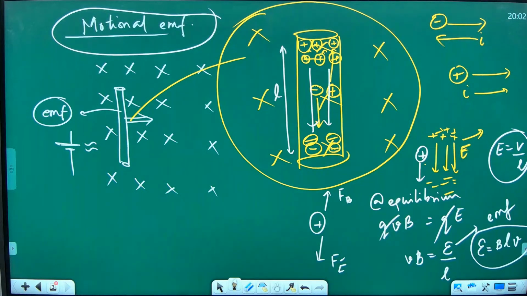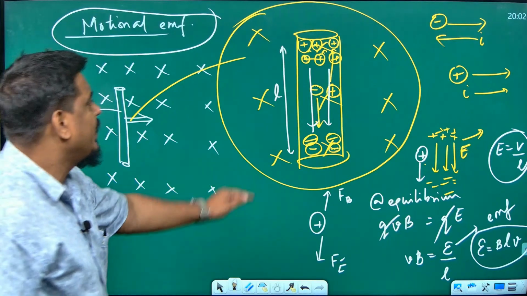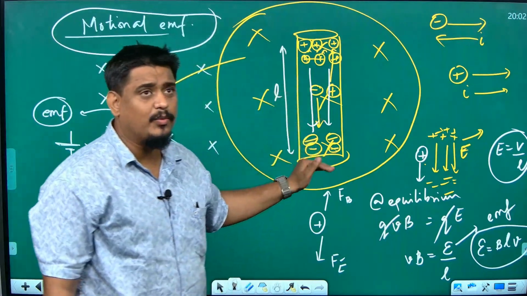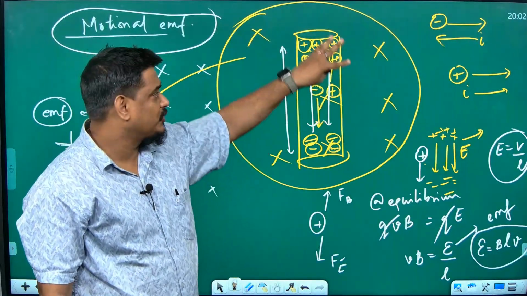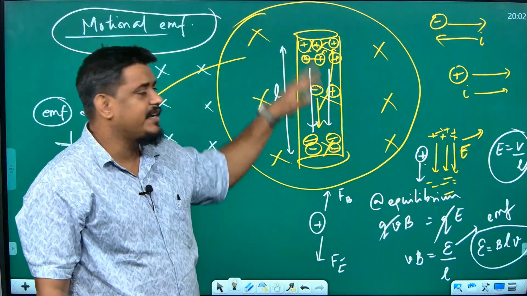Tell me, College 11. Sir, due to the magnetic Lorentz force, the positive charge goes up and the negative charge comes down, right, sir? Yes, correct. After that, could you explain again, sir? Since the positive charge is going up and the negative charge coming down, it is creating a source of electric field.